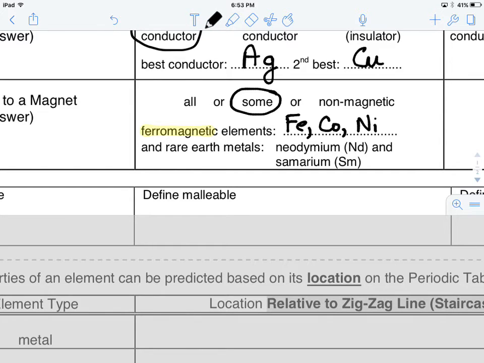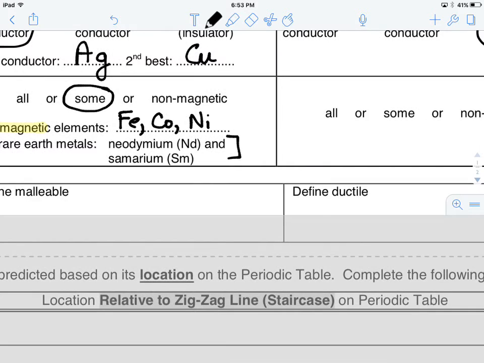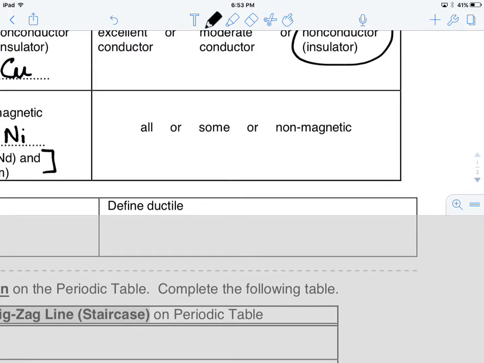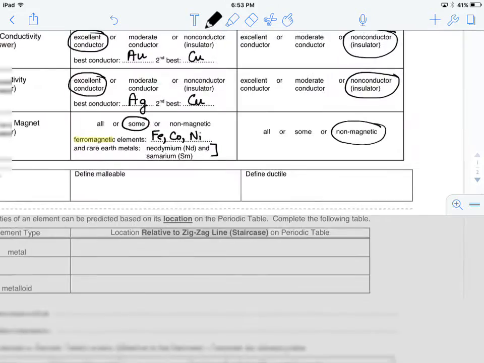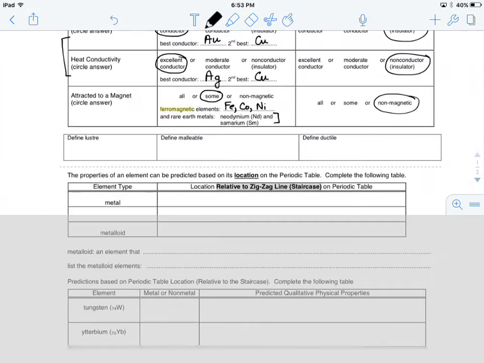There are also rare earth metals, neodymium and samarium. These are not necessary for you to memorize, but they are rare earth metals and they're magnetic as well. And as it turns out, nonmetals are non-magnetic.